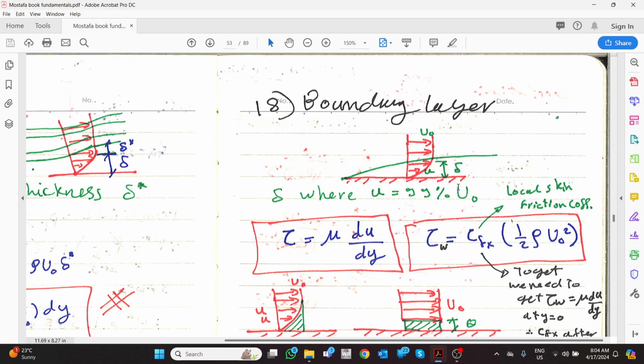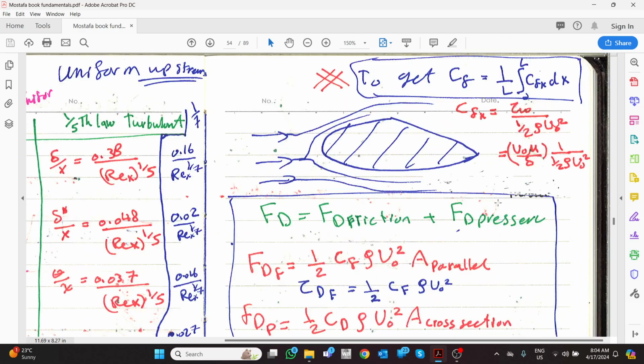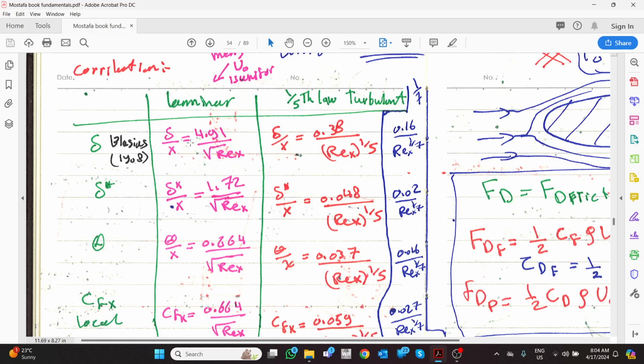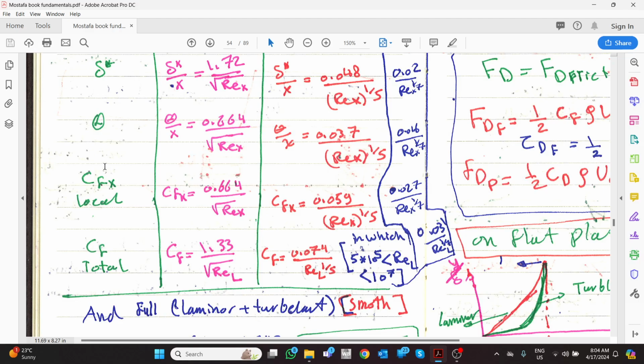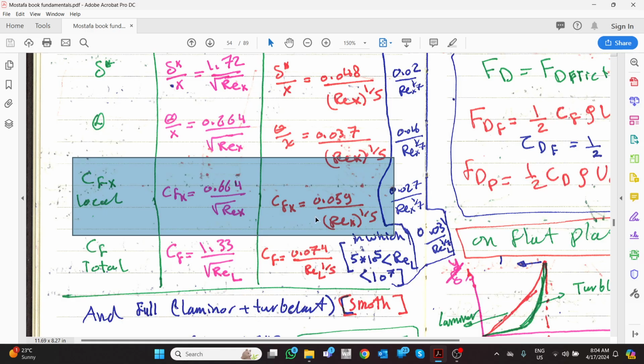Shear stress changes from point to point. Okay, so I can write even this one, which is CFX equal to a number. It is from correlations, by the way.